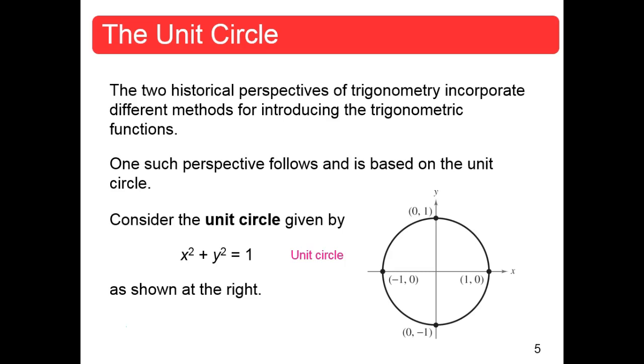Well, that's not quite right either. Any half pies: 1 half pi, 3 half pi, 5 half pi, negative 1 half pi, negative 3 half pi. Any half pies, the tangent is undefined, because there you're dividing by 0.